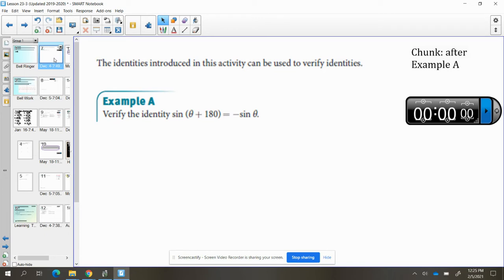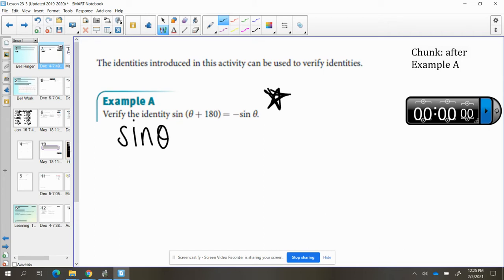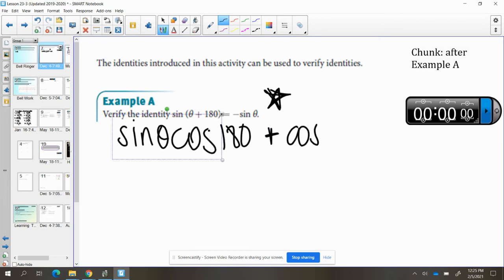Now, this one's actually worked out in the book for you to start, but when we're verifying, reminder, one part of this is already going to be our goal. So notice we have the sum of sine formula. We would have the sine of theta times the cosine of 180, plus the cosine of theta times the sine of 180.